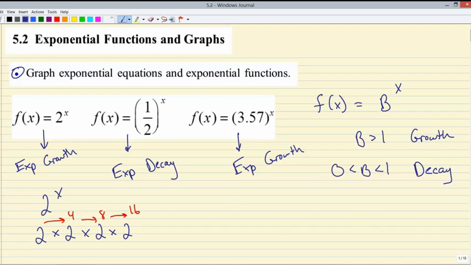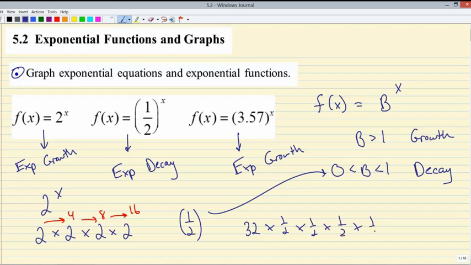If you take something to the 1/2 power, and remember 1/2 is in between 0 and 1, if you start out with a number like 32, you multiply 1/2, multiply 1/2, multiply 1/2, multiply 1/2, your number gets smaller for each iteration. 16, 8, 4, 2.